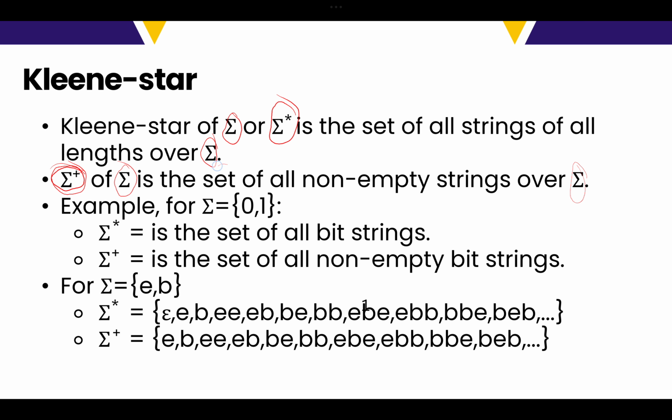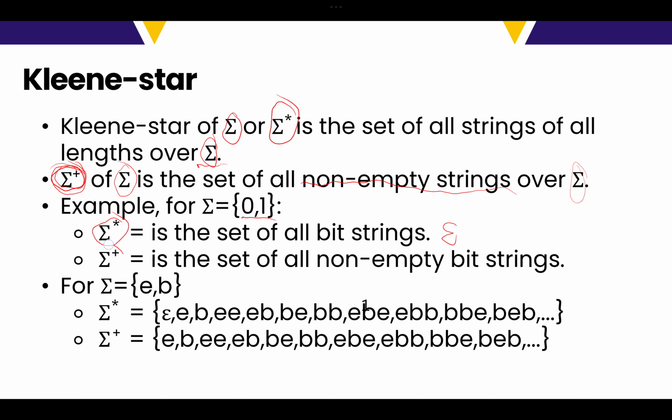So, kani siyang Kleene star set of all strings jud, while diri sa positive closure of sigma set of all non-empty strings, non-empty. So for example, our alphabet is 0, 1. So our Kleene star of our alphabet sigma is the set of all bit strings, including the empty string.